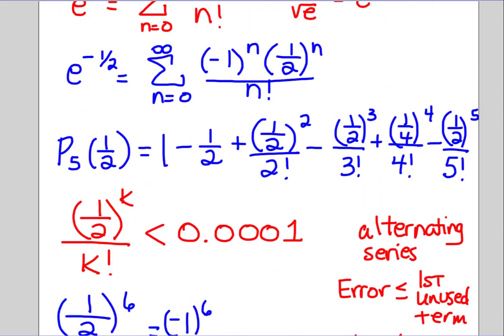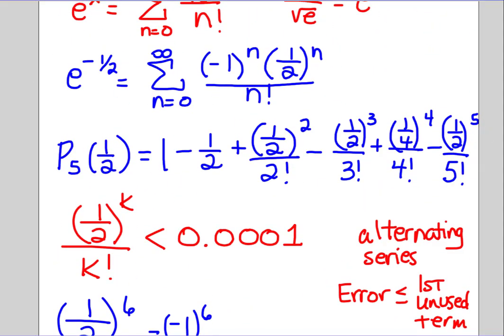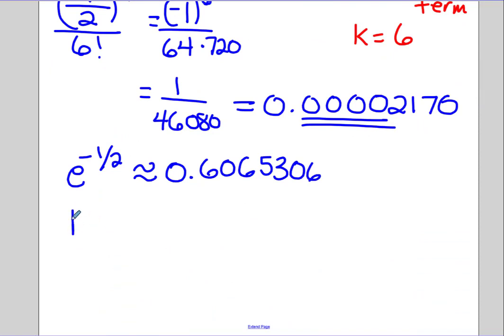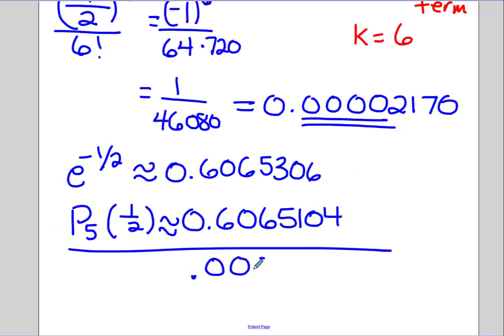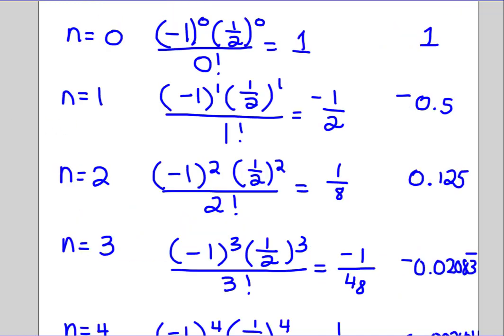And our 5th term, this term here, in our Taylor polynomial, is about 0.6065104, and the difference is this value, the unused term, 34202. So there we have example 4.